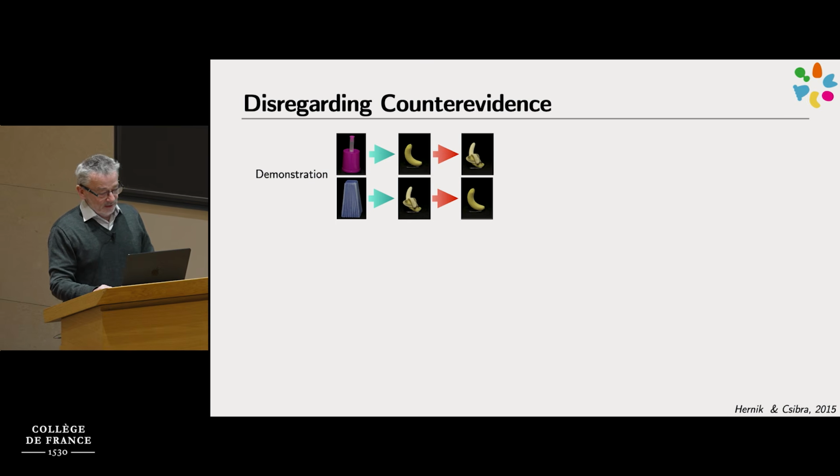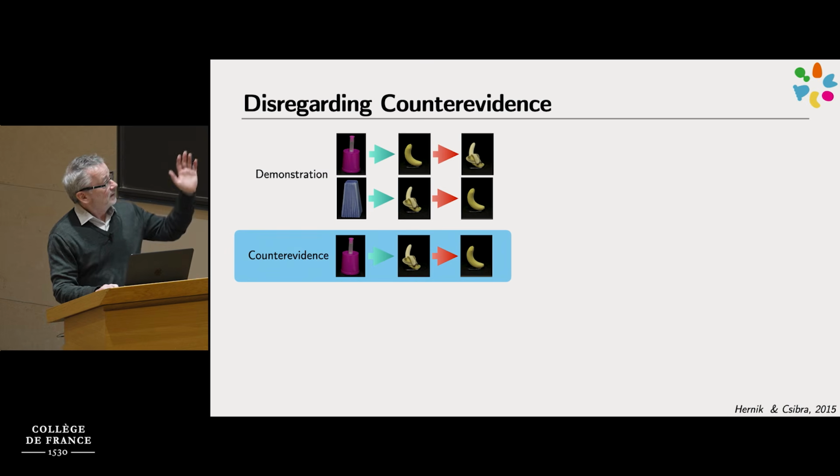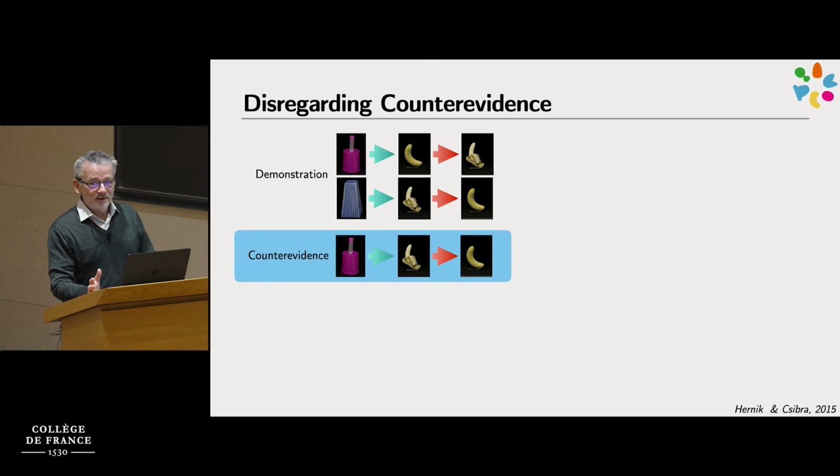But in the crucial study, after they learn this, we show them a single event, which shows them counter-evidence. We show them one of the objects performing the opposite function, right? So in this case, the original peeler, no, it's a healer. So what should a rational learner infer from this? They should infer that our initial mapping was wrong.